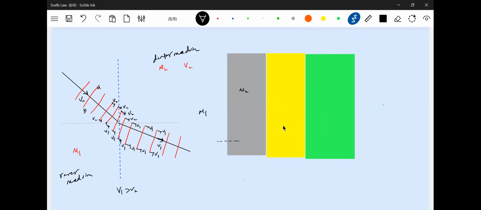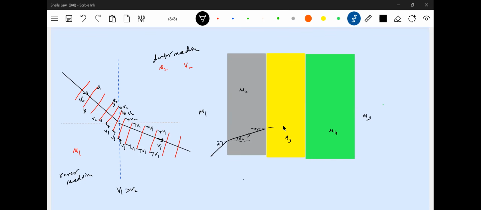Refractive index of this be mu2, mu3. This is mu4. Let this be mu5. This is the normal. Now the ray of light is incident. After refraction, it will bend like this. This is theta 2, theta 1. Now this will become the normal for the 2 and 3 interface. So this will become theta 2.